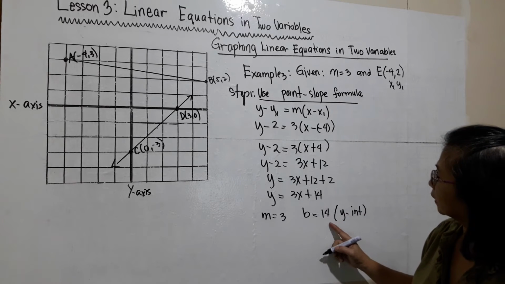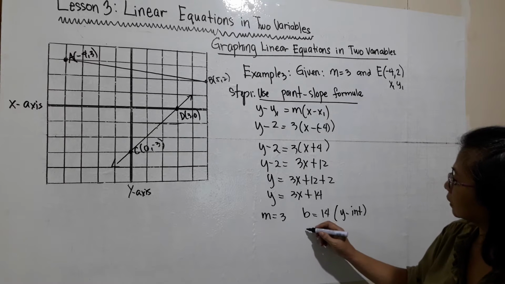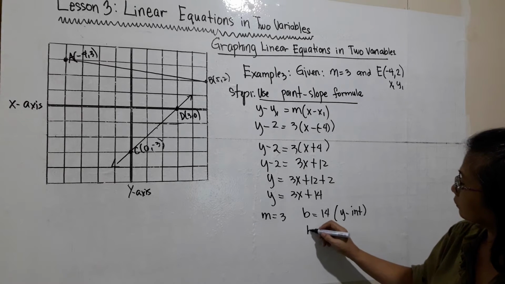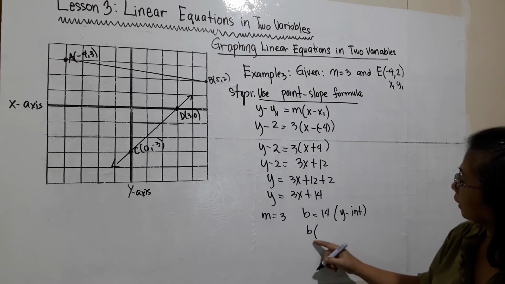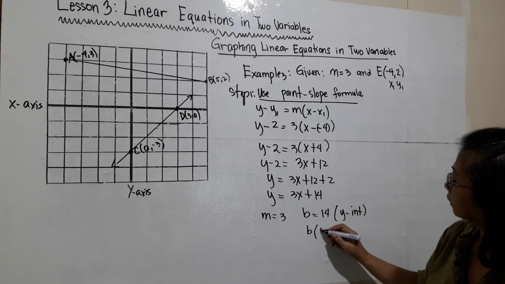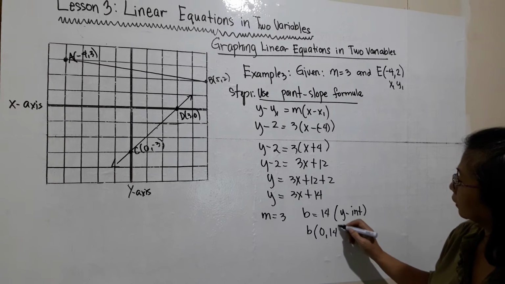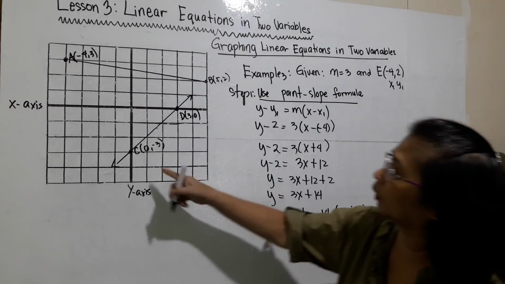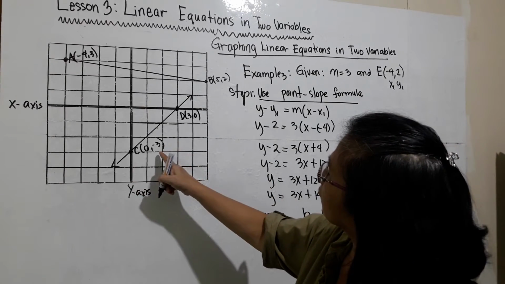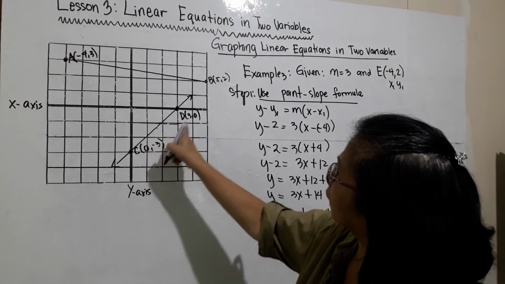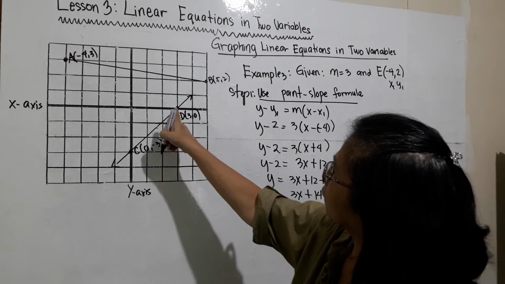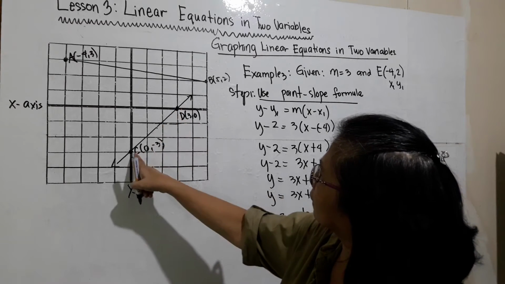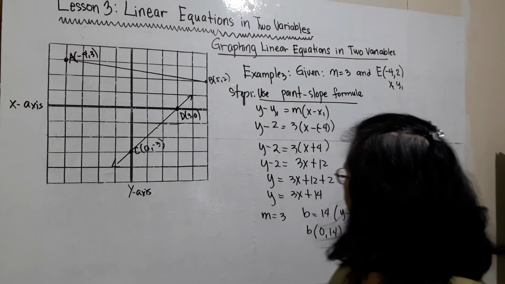The y-intercept can be written as 0 and 14, just like what we have here. This is the y-intercept, this is the x-intercept. This point passes the x-axis, this point passes the y-axis.